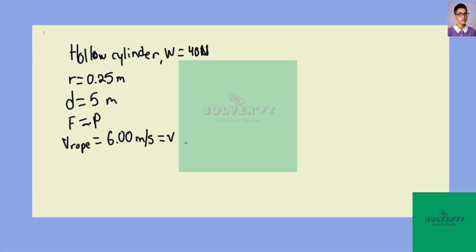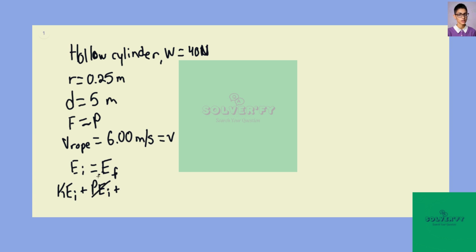So we have to, at this point, try to see the energy balance. So according to the law of conservation of energy, energy initial equals energy final. And in the beginning, we have kinetic energy initial, potential energy initial. Both of them are 0 because initially the rope isn't moving and there isn't any potential energy as well.